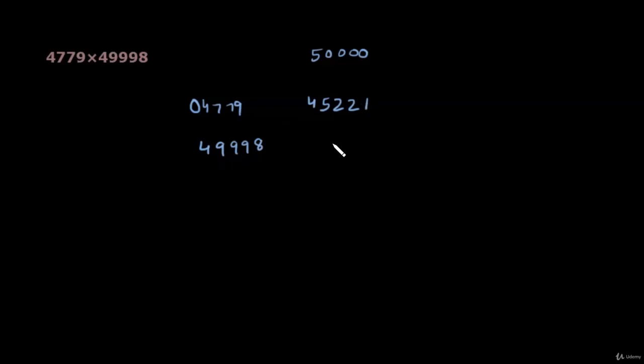Now the second number is 2 less than the base. In order to write the first part of the number, either we can subtract this number from here or subtract 2 from this number. It's better to subtract 2 from this number. It's easy to subtract 2 from this number.